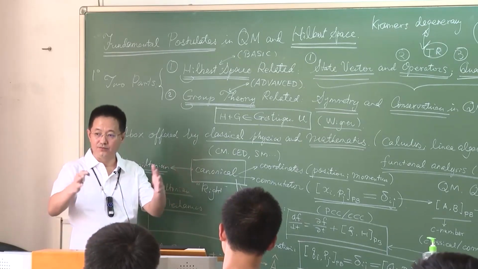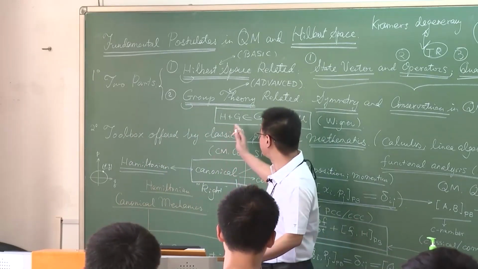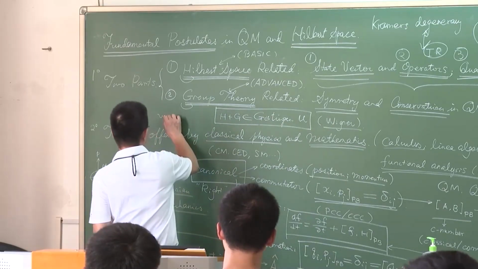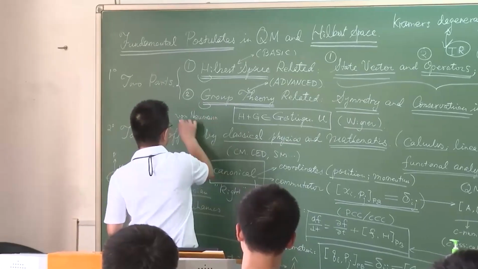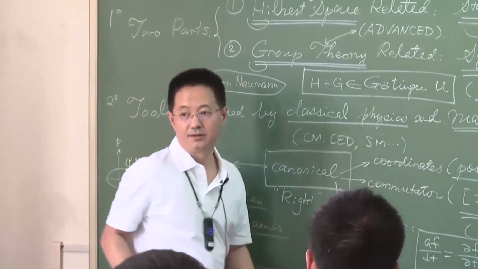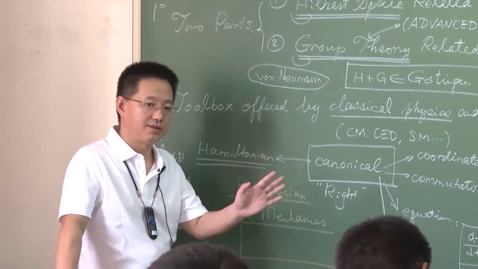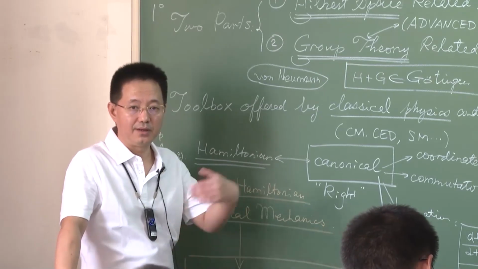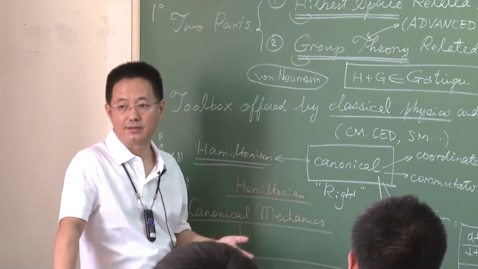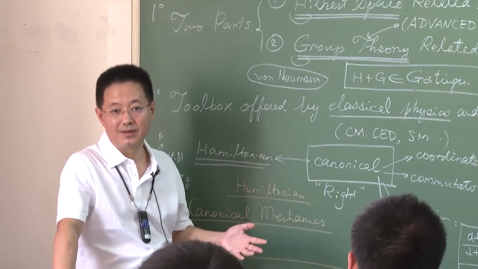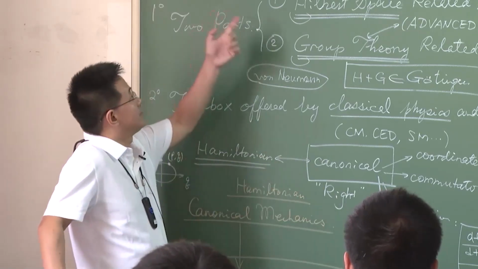So among the 5 fundamental postulates, von Neumann and Dirac proposed 3 of them. So just around the 1930s, the axiomatic system of quantum mechanics was constructed. And that is what we should study and learn from today on. That is the fundamental postulates.